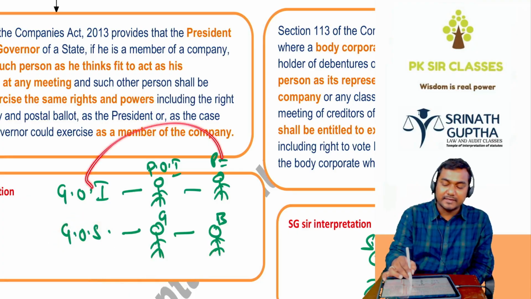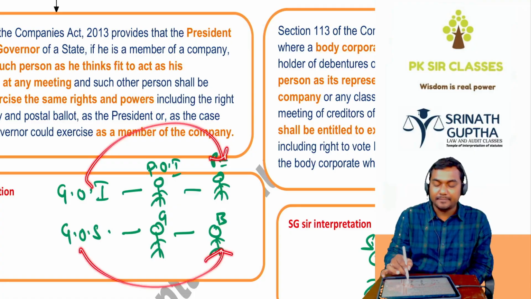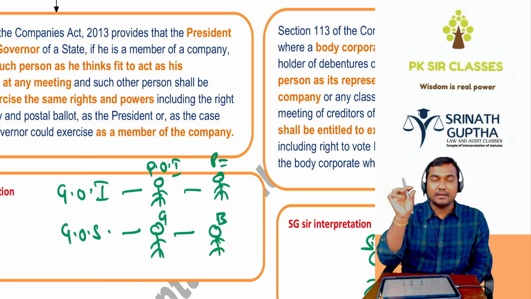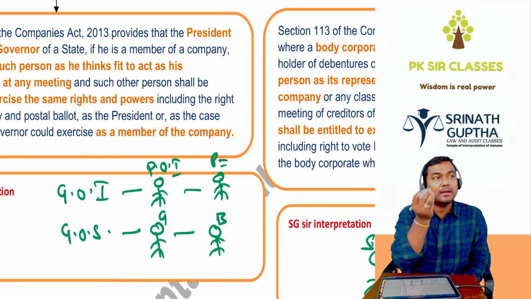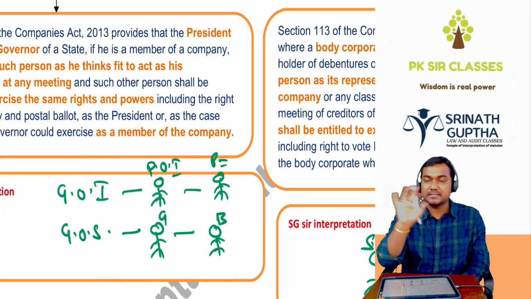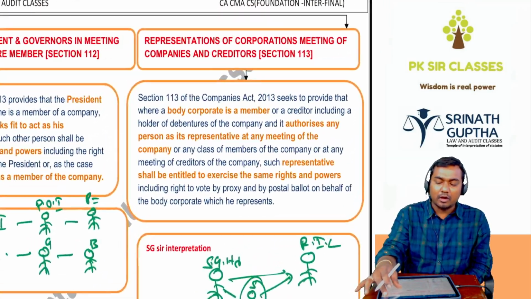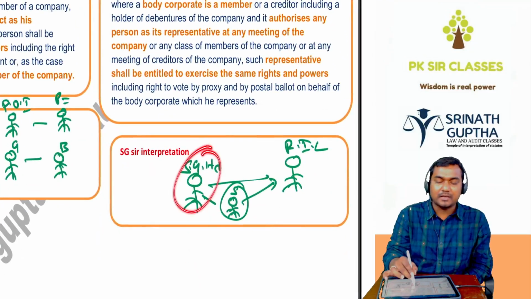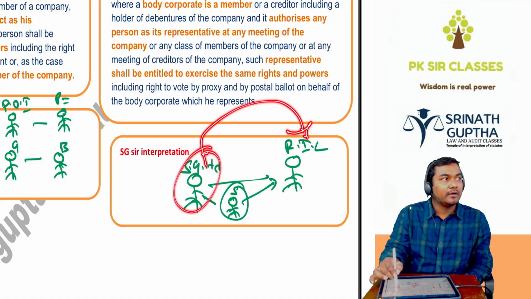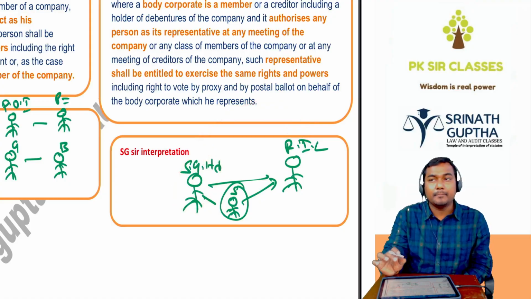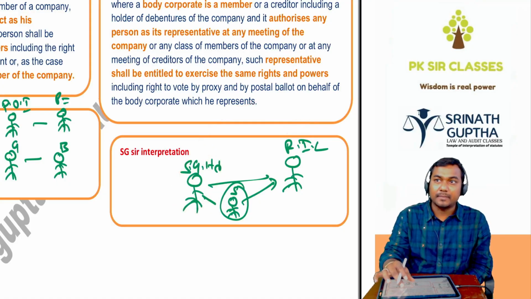In the same way, for representatives of corporations, if any artificial person is a member of the company and is sending a representative, such a representative is deemed to be a member attending the meeting in person, but not as a proxy.